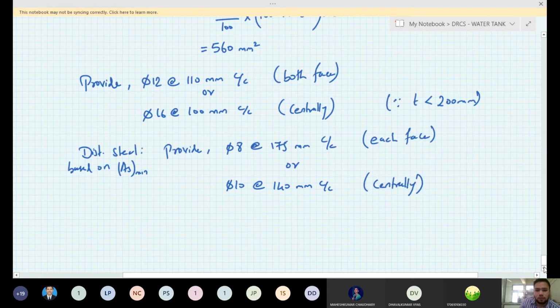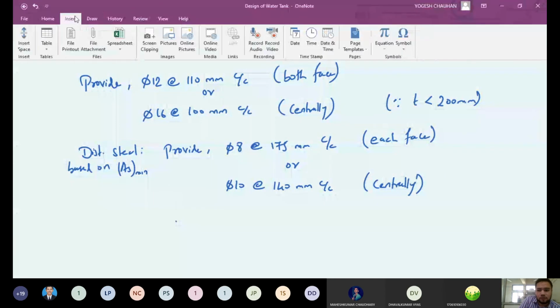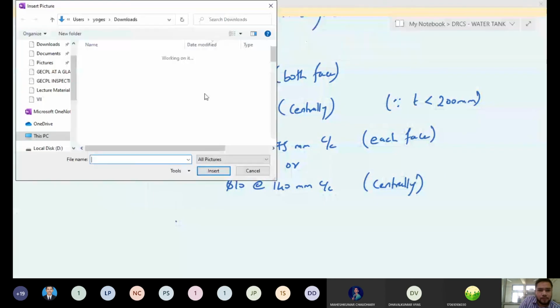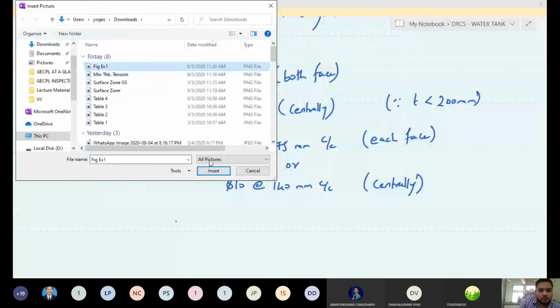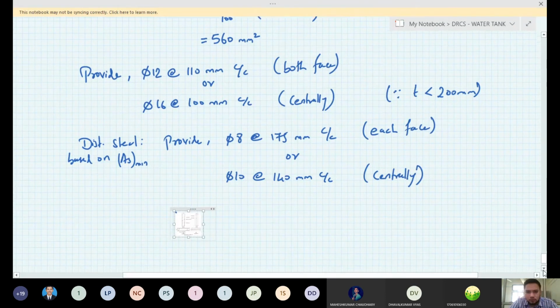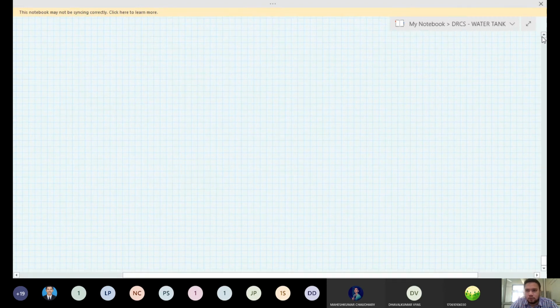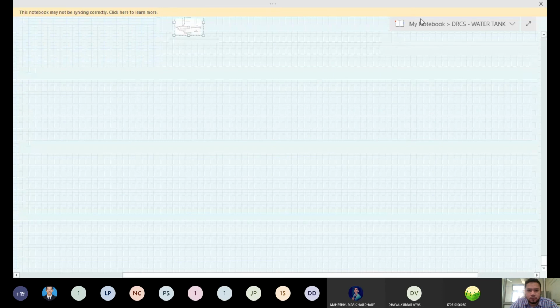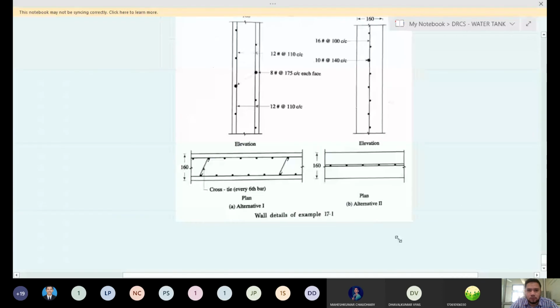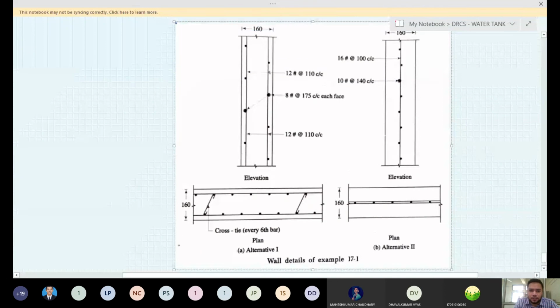Okay, so if we see it in figure, this is the alternate number 1.